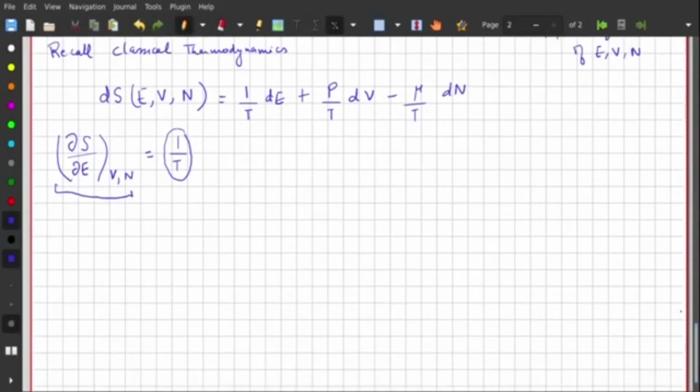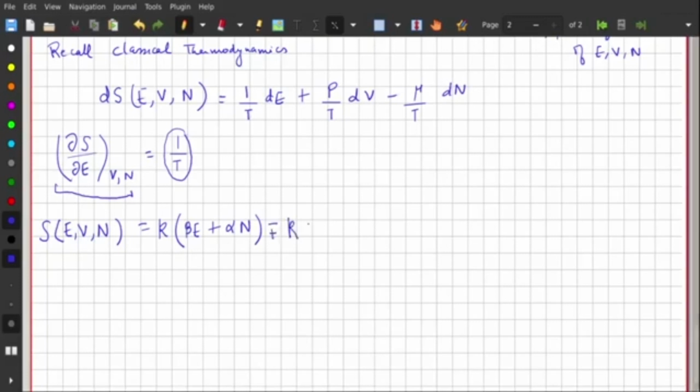The entropy S of E, V, N is k beta E plus alpha N, minus or plus the Boltzmann constant times the sum over j of g_j log of 1 minus or plus e to the power minus alpha, e to the power minus beta epsilon_j.